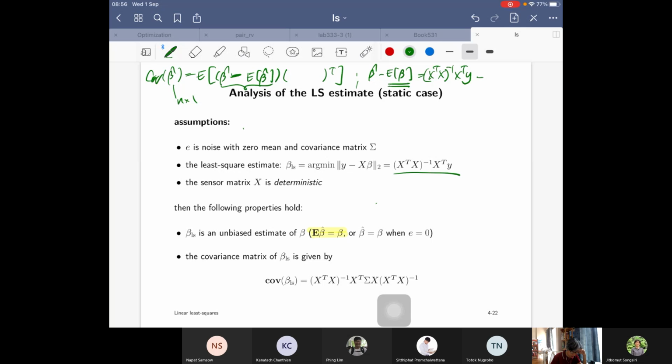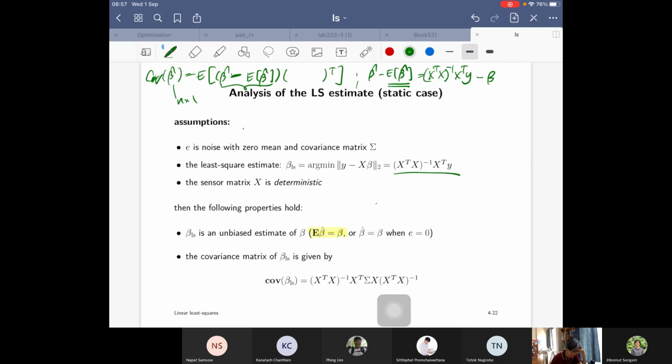What was the mean we just calculated? What was the mean of beta hat? Mean of beta hat equals beta. Equal to beta, all right?